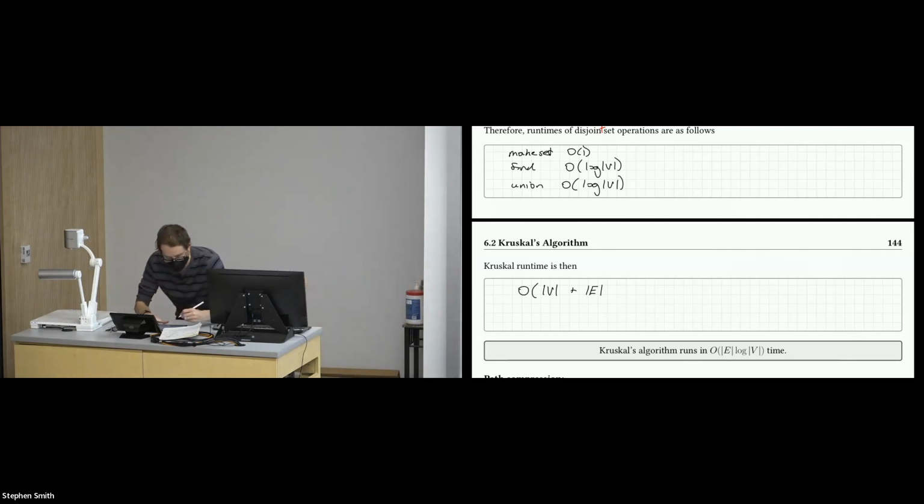So we have to do E finds, and each one costs us log V. So this first one is make set. These are our find. Then we have to do unions. As we said, we only had to do V minus 1 unions, right? So it's V log V. And then we have to do the sorting.